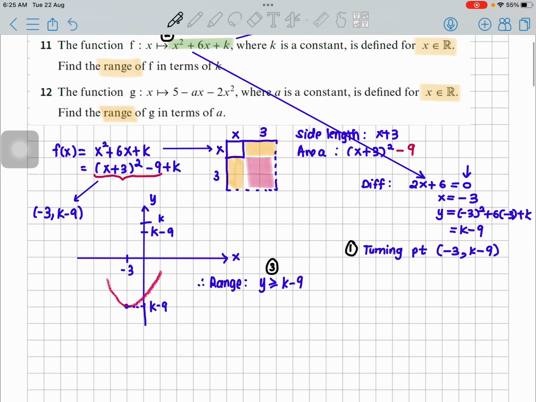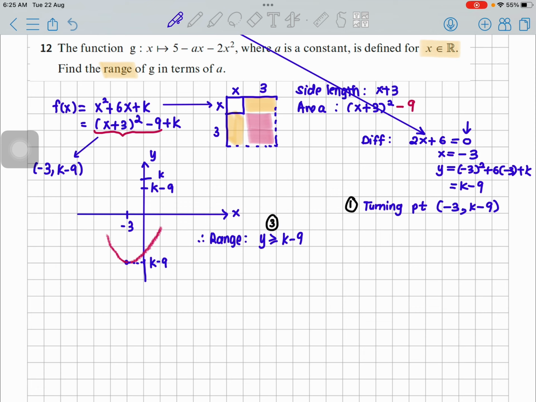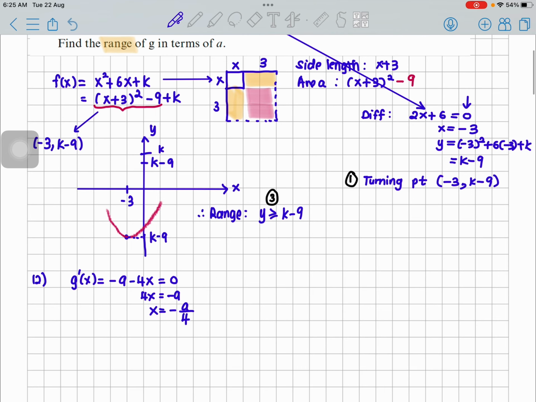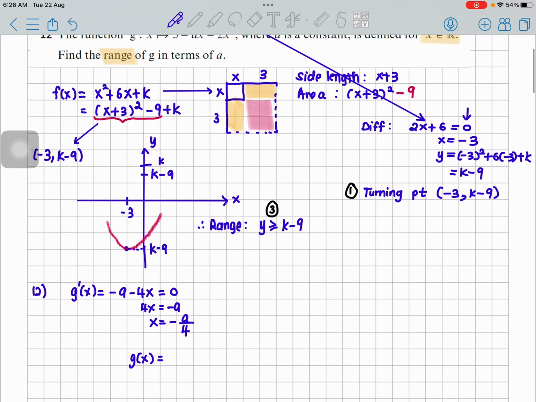Similar method. So for 12, I'm going to do differentiation to find the turning point. So let's do g prime x is minus a minus 4x, equate to 0. It's x equals minus a over 4. Now let's find the y value for it, or the g of x.